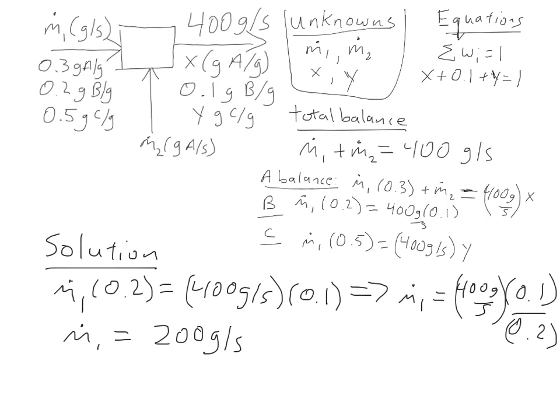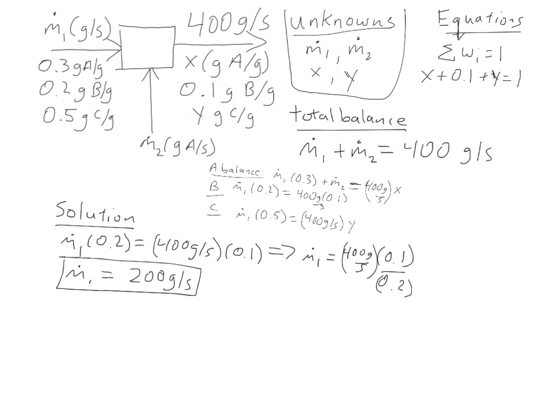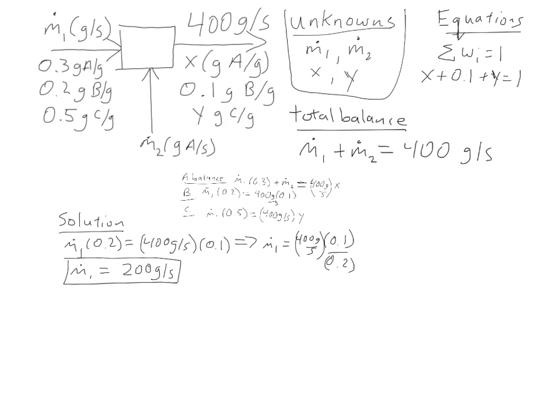Excellent. That's one of the unknowns that I was trying to solve for. There's M1, here's the M1 solution, so I'm definitely going to put a little box around that, put a circle, and I have it. I have M1 now, and that's great. Let me just shrink this down here a little more. I can go ahead and look at my material balance. Here's my total balance equation here, and I know M1, I just found it, so now I only need to solve for M2.